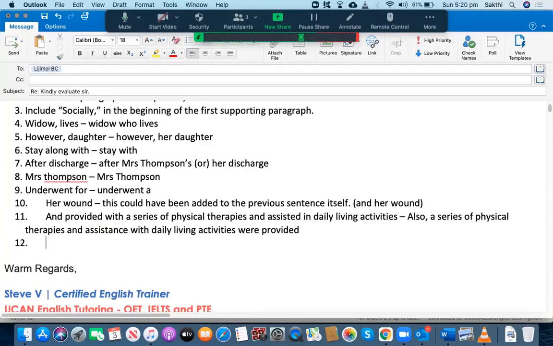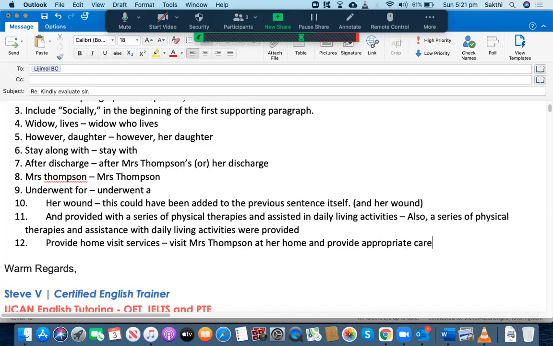So provide home visit services can be replaced with, if you could visit Mrs. Thompson, maybe at her home, and provide appropriate care.